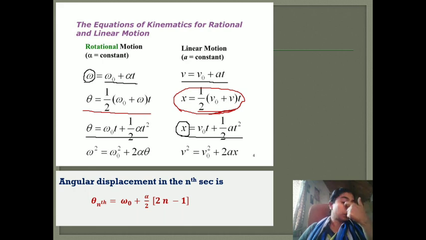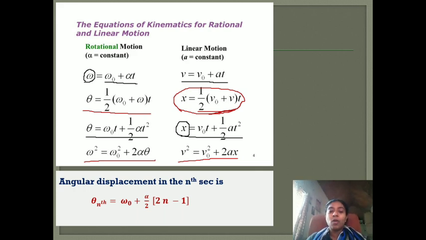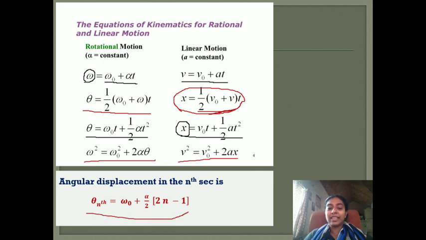Now we know v square is equal to u square plus 2as. Same way, here omega square is equal to omega naught square plus 2 alpha theta. Now the angular displacement in the nth second, theta in the nth second, is equal to omega naught plus alpha by 2 into 2n minus 1.